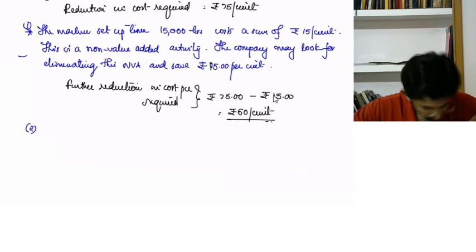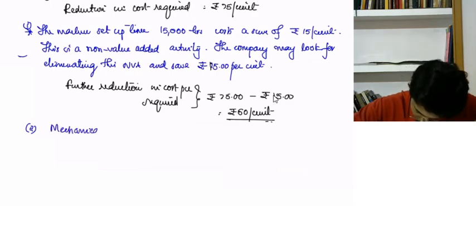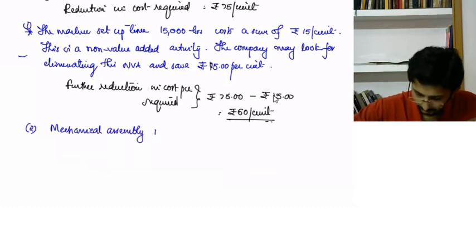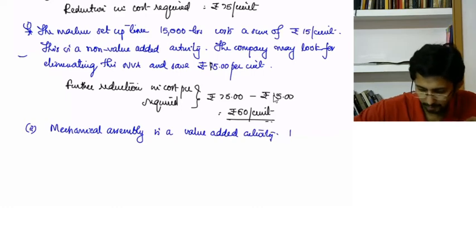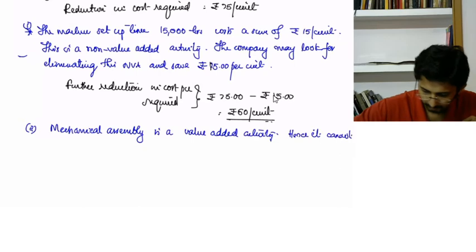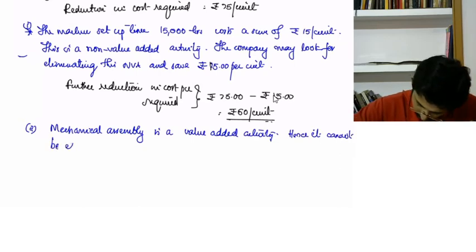Okay, so you can write mechanical assembly is a value added activity, hence it cannot be eliminated.